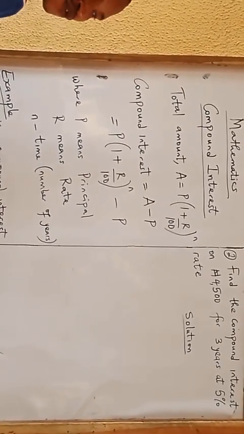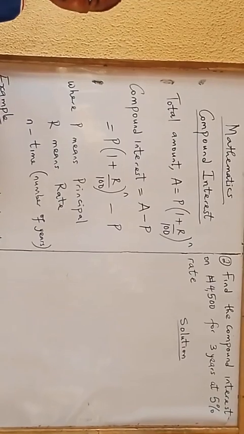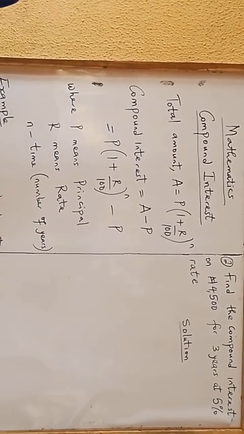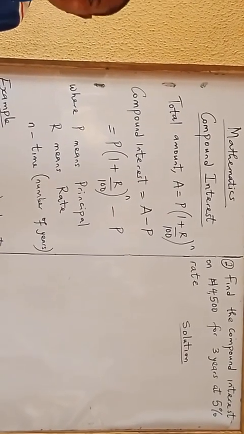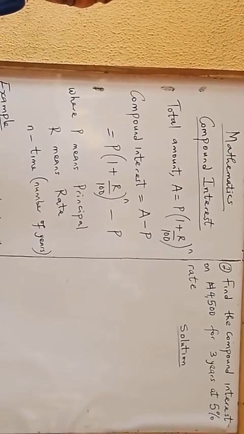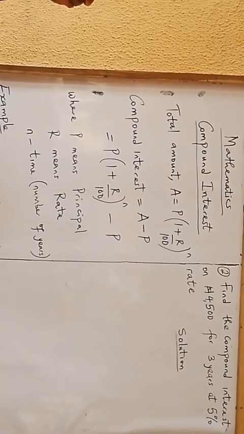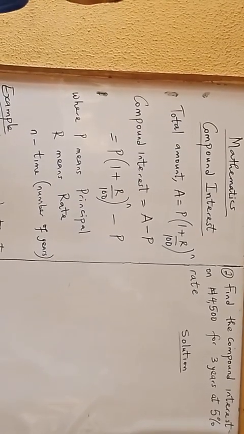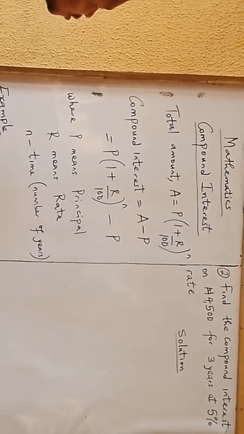For instance, if you want to find the compound interest for 3 years, you have to calculate simple interest for the first year, the second year, the third year. You keep on adding till you get your final answer. That method will too be long. So this formula method is very short. All what you need to know is to know the formula.